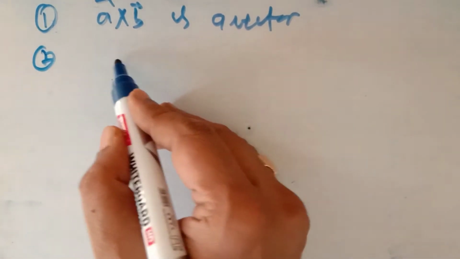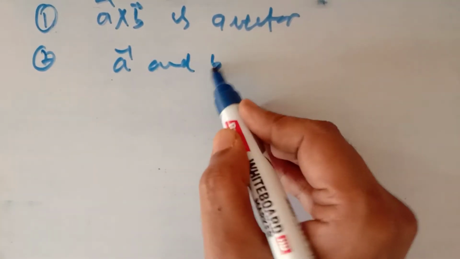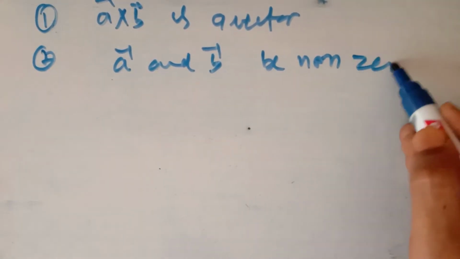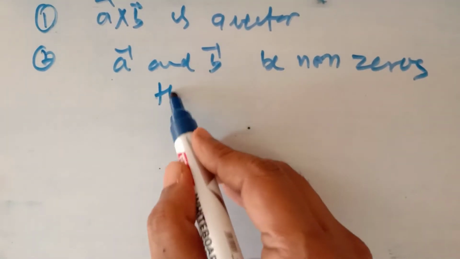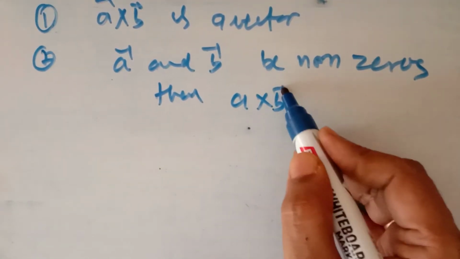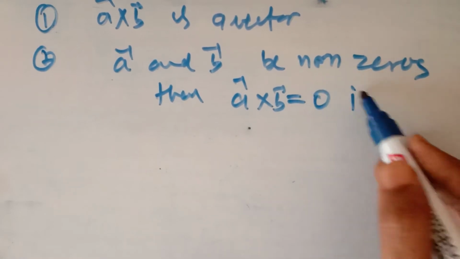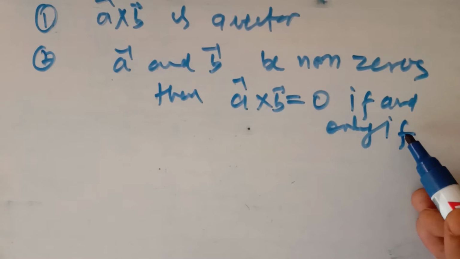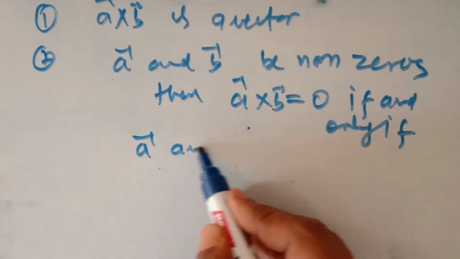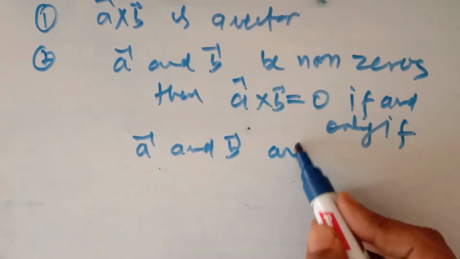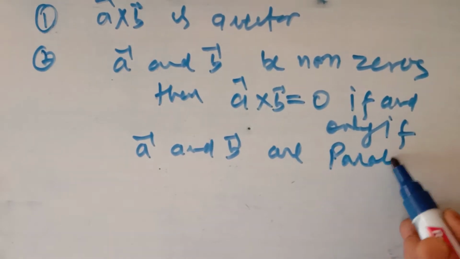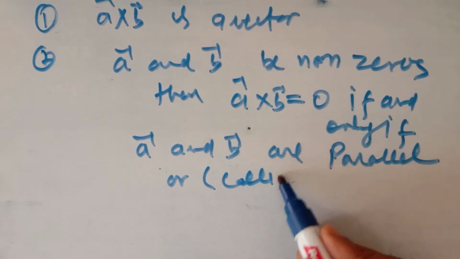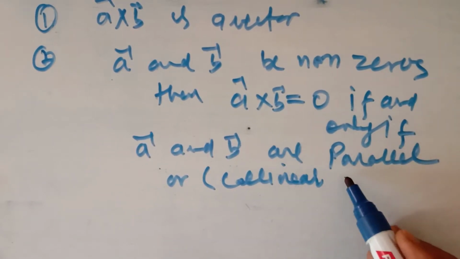And if vector A and vector B are non-zero vectors, then A cross B vector is equal to 0 if and only if vector A and vector B are parallel or collinear to each other.